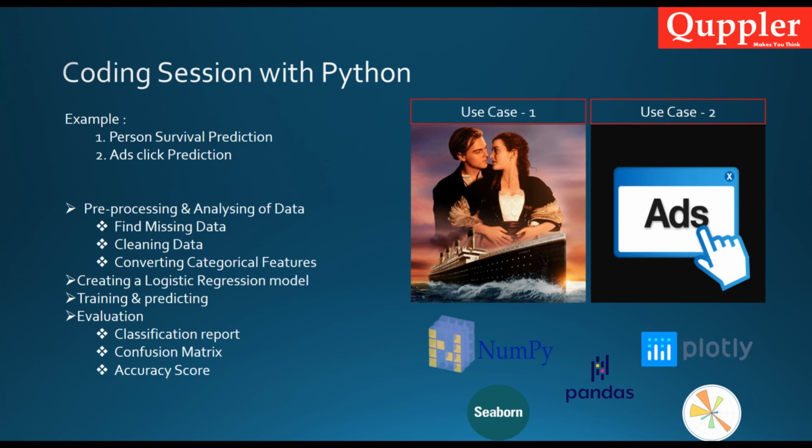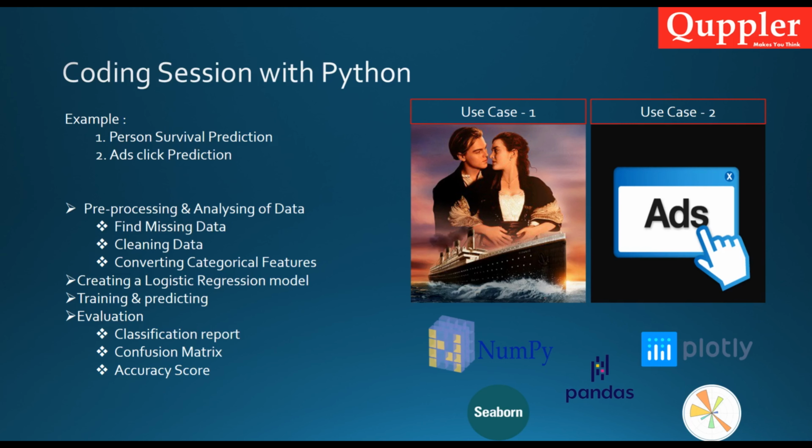In these two parts, we're going to cover the basic infrastructure: the pre-processing and analyzing of the data, where we find the missing data from the data set. Then we're going to clean the data. Then we convert any categorical features that need to be changed, if they are in a string or some other format. Then we create the logistic regression model, train, and predict on that.